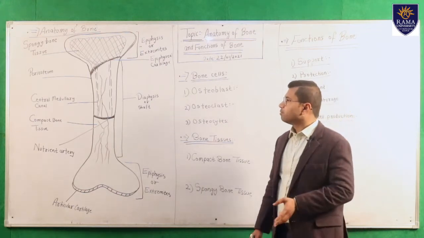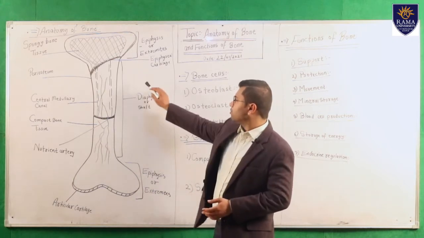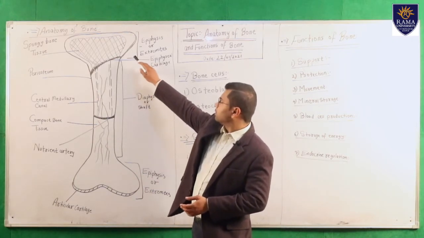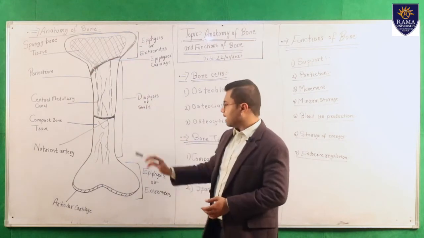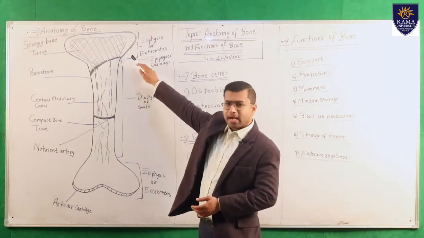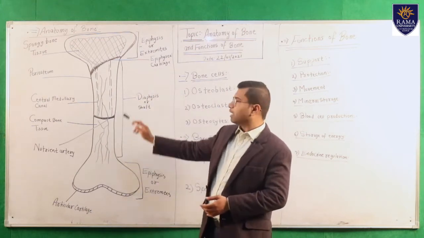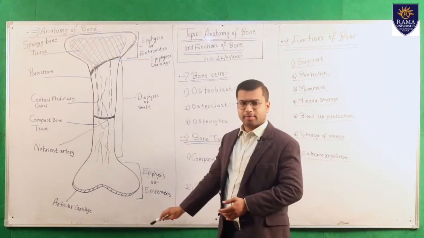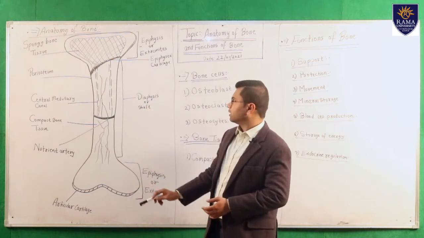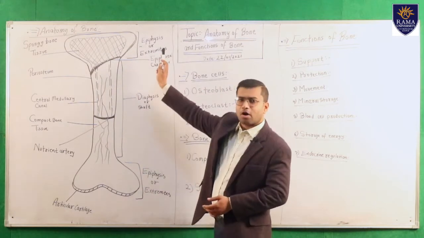Next we will move to the anatomy of bone. In the anatomy of bone, the bone is divided into upper extremities, lower extremities and the mid portion. The upper extremity is known as epiphysis or extremities.